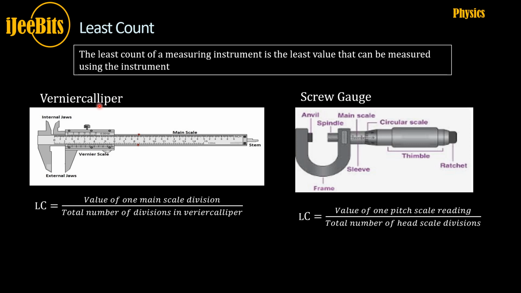We have the vernier caliper, we have the screw gauge. What is the definition of least count for the vernier caliper? The value of one main scale division divided by the total number of divisions on the vernier scale is the least count. Whereas in the screw gauge, the value of one pitch scale reading divided by the total number of head scale divisions is the least count. Okay. We will see more while doing examples.